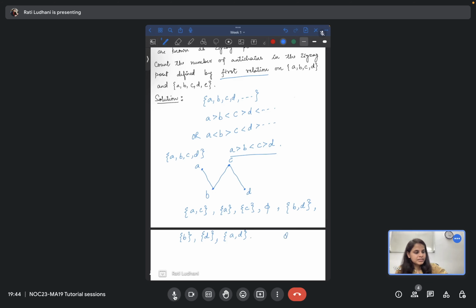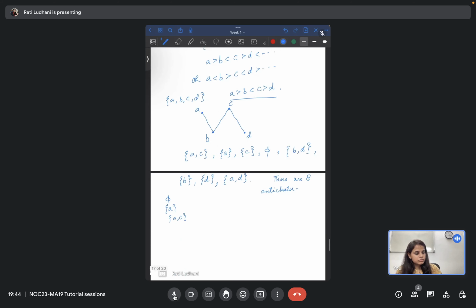There are 8 anti-chains. For a pattern, you can start with one element. Let's say you start with A, and then add everything you can. Now with A everything is done. Try with anything else, let's say B, and with B you add whatever you can add.